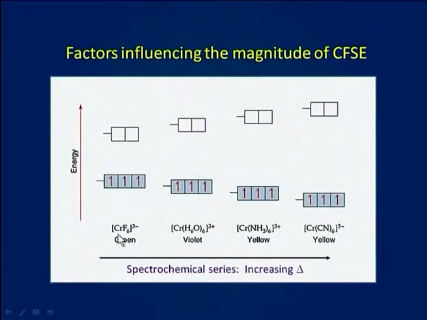In this example, you can see the delta O value for a weaker field ligand, F-, is smaller, while the delta O value for a stronger field ligand, that is CN-, is larger.